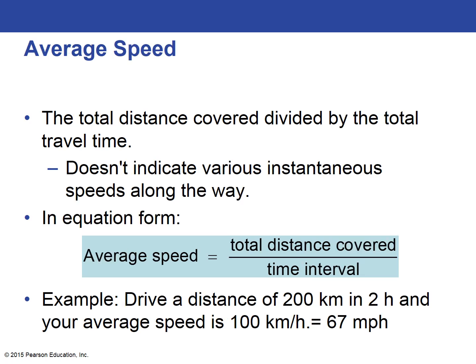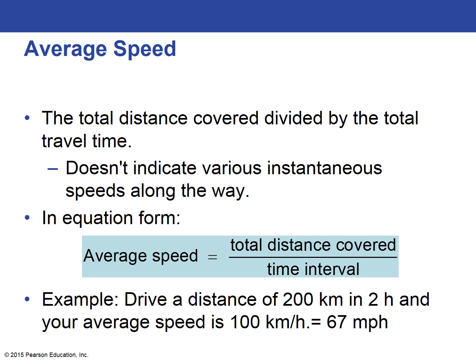In the next two slides, we distinguish between the types of speed. One is average and one is instantaneous. I think these are mostly intuitive to all of you, but just to mention briefly, the average speed is the total distance covered divided by the total time that an object moves, and it does not take into account or indicate any variations about that average.